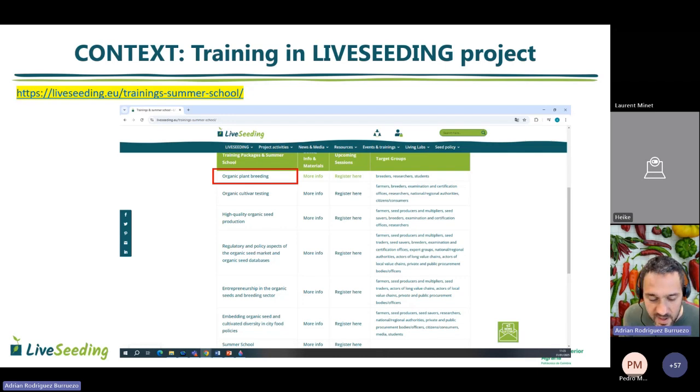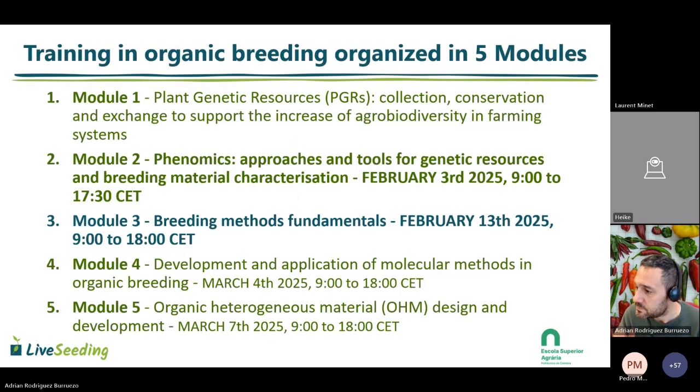So you have a range of opportunities in training within the LiveSeeding project. But now we are with the organic plant breeding option.